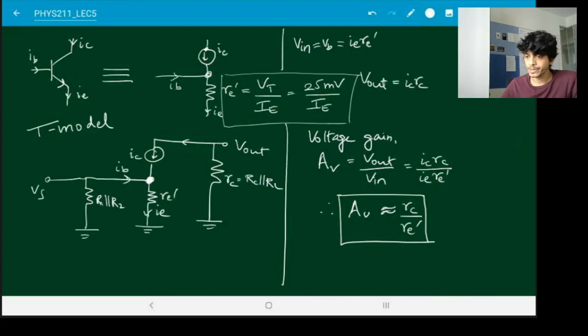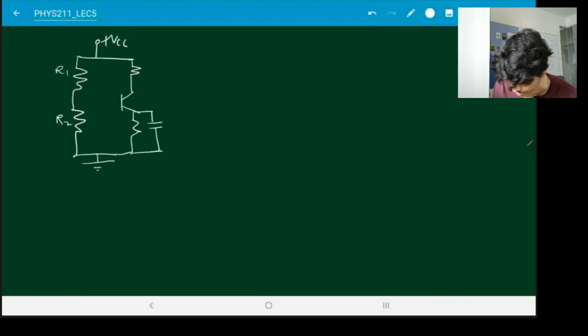Let's look at one numerical example to see how exactly one solves this. Okay, let's draw this circuit again. Plus VCC, voltage divider, collector resistance, emitter resistance, and the capacitor over here.